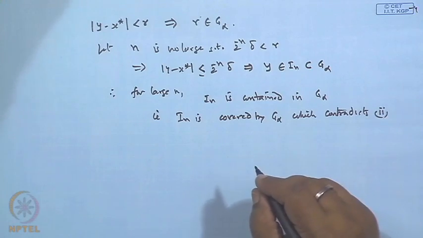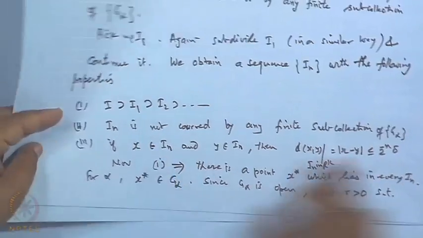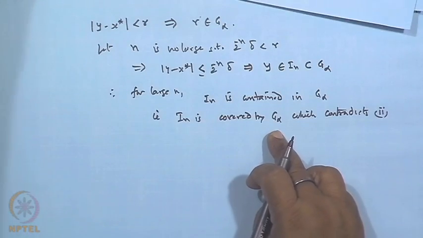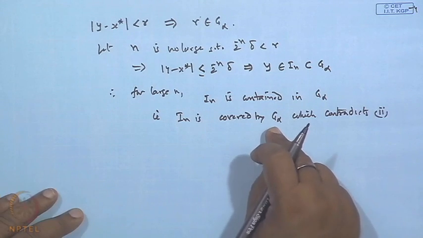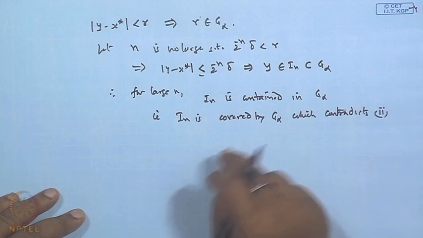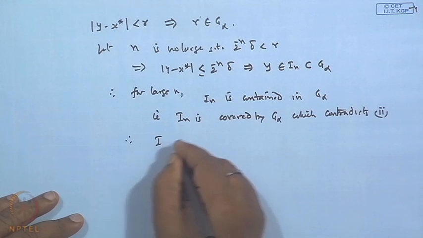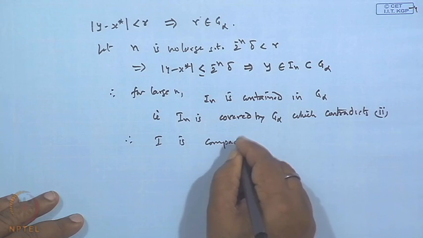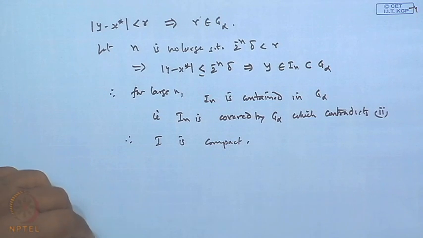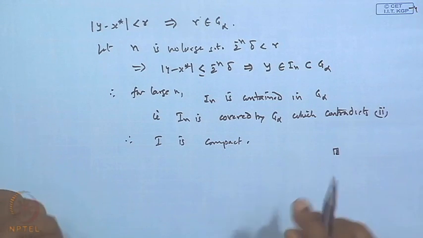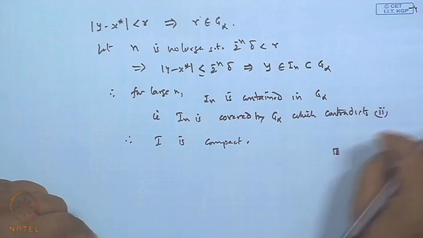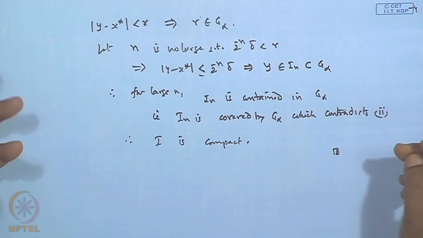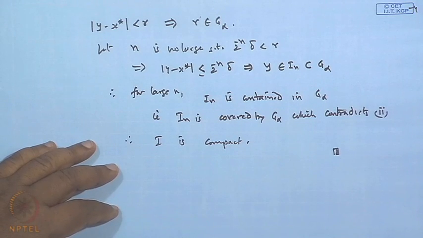What is the second part? It says I n is not covered by any finite subcollection, but it is covered by G alpha, which is a finite subcollection. So this is a contradiction, and it arises from the wrong assumption that I is not compact. Therefore, I is compact. This proves the result, meaning every K cell is compact. In particular, every closed interval is a compact set.